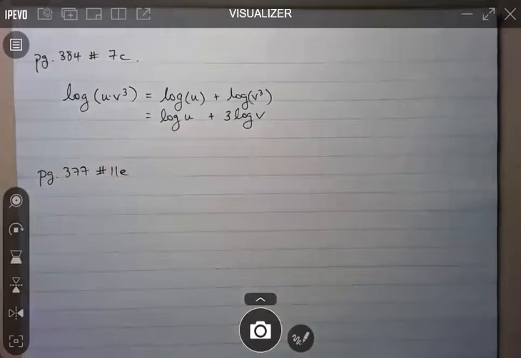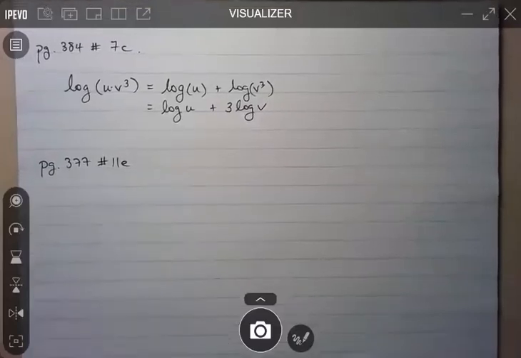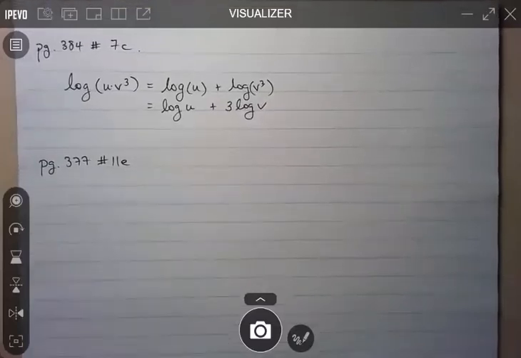Okay, so 11E is to solve for the solution to these equations. And here they actually want us to do an approximation. Normally, just to let you know, I would probably ask for exact solutions, but here they want us to round the answers, so it'll help us practice doing that.